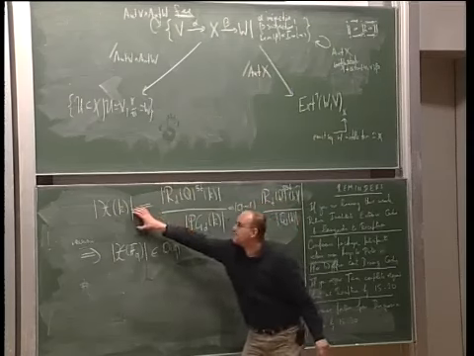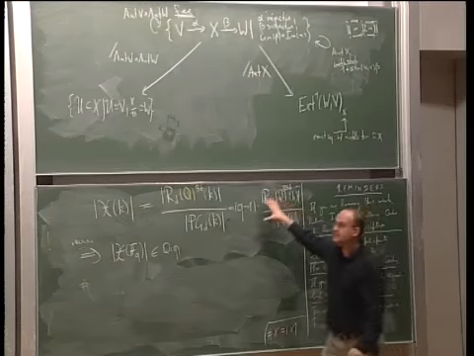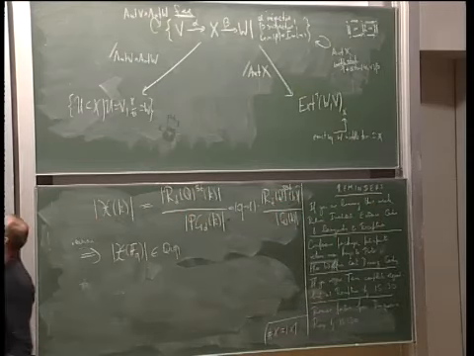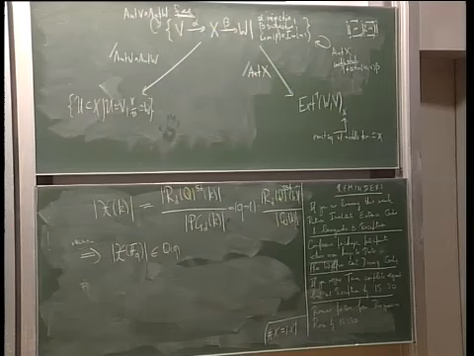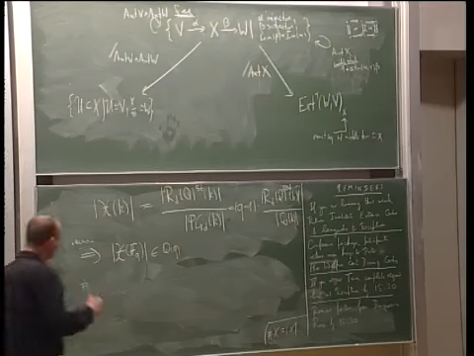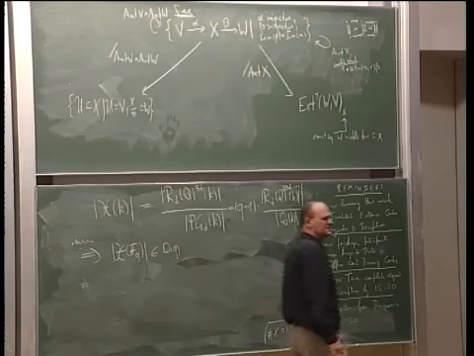So X(k) is given in terms of a certain recursion, and this recursion involves these coefficients here. And these coefficients are clearly rational functions in the cardinality of k. So everything is a rational function in the cardinality of k.